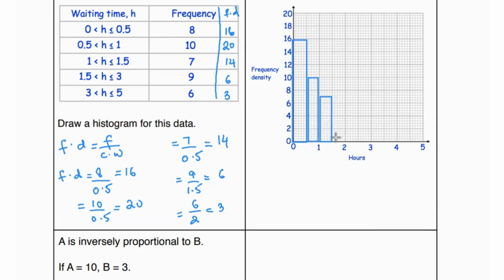And from 1.5 to 3, it's 6. Then from 3 to 5, it's 3. That is your histogram.